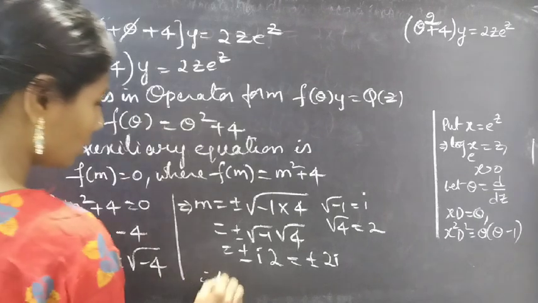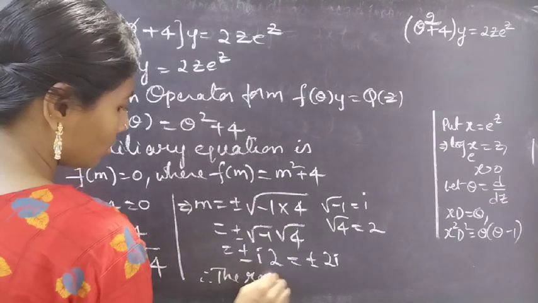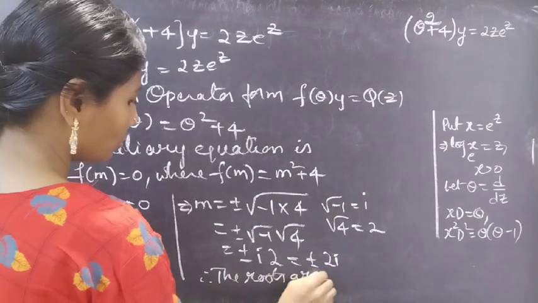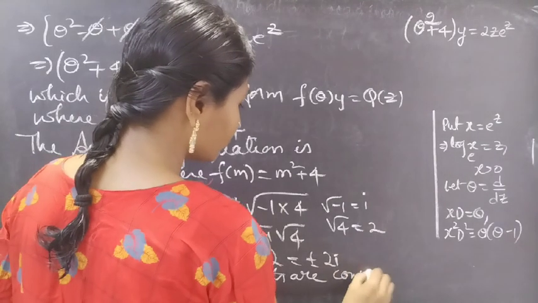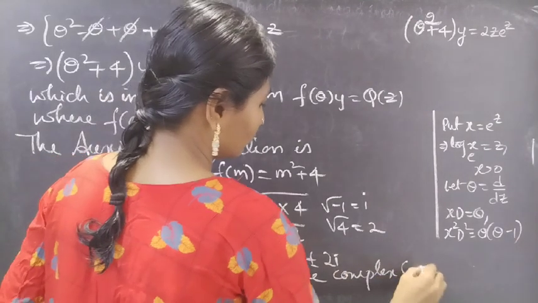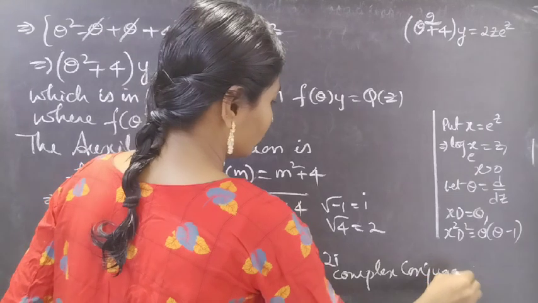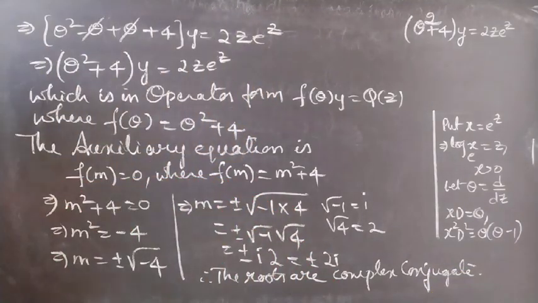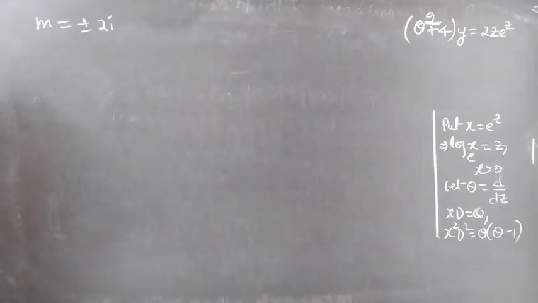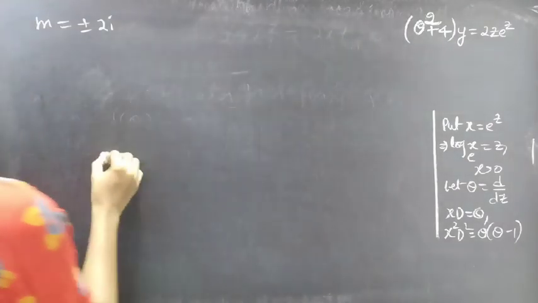Therefore, the roots are complex or complex conjugate. So we got complex conjugate roots, right?